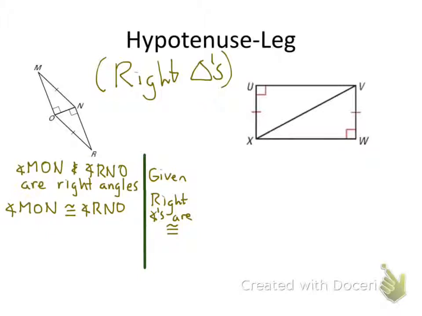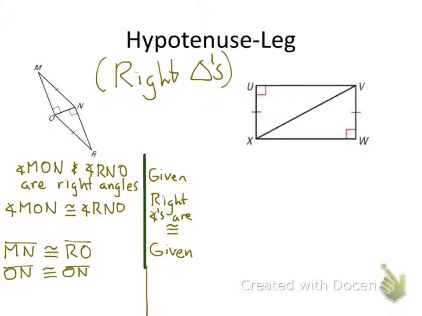Okay, we go down to the next. What else do we know? Well, we know that MN is congruent to RO, and that's given. So we need one more piece here. Now we have right triangles. MN and RO happen to be hypotenuses. We need a leg. Well, MO and RN, we don't really know anything about those, but we do know that ON is congruent to itself.